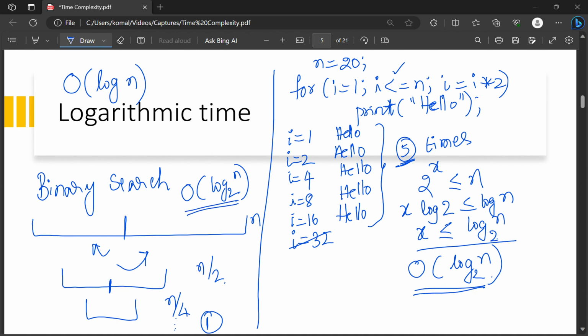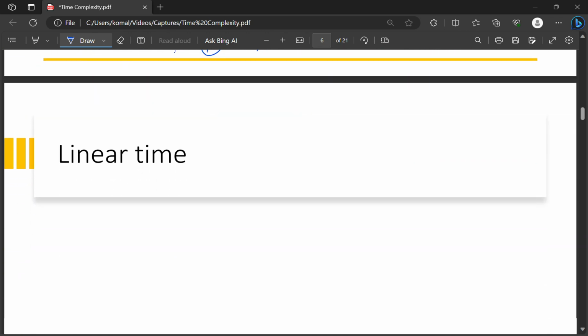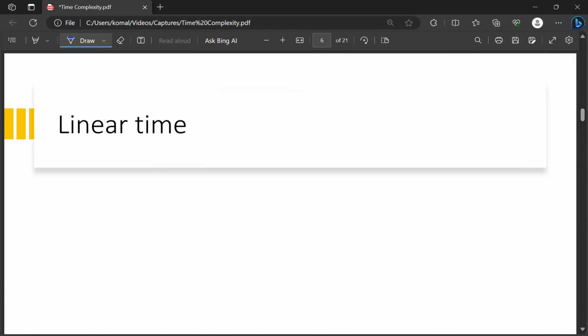Okay. Next, let us discuss linear time. Linear time is represented as big O of n. For example, if input size is 10, how many number of operations will it perform? 10 operations. That is called linear. Let me take one example.